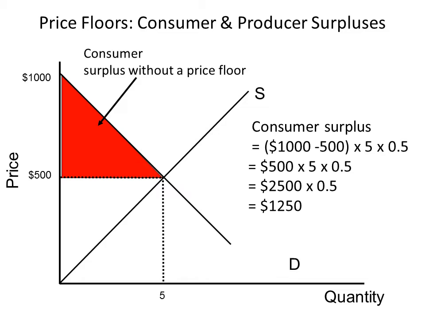The consumer surplus is a triangle bounded by the equilibrium price, $500, the maximum price that individuals are willing to pay for a TV, $1,000, and the equilibrium quantity, 5 TVs. The total consumer surplus is $500 times 5 times 1/2, or $1,250.